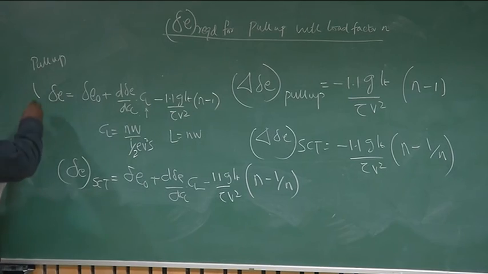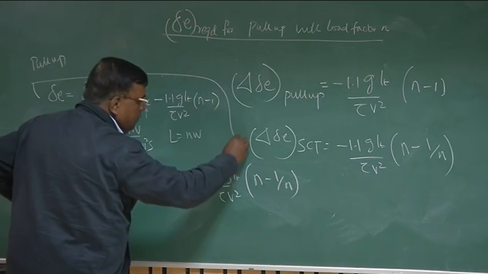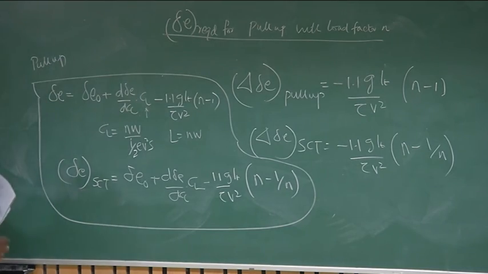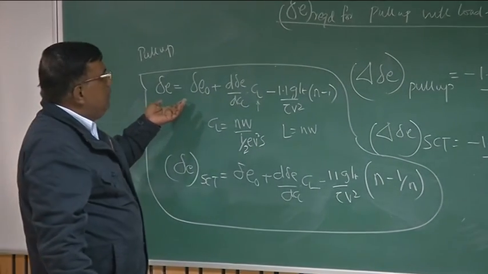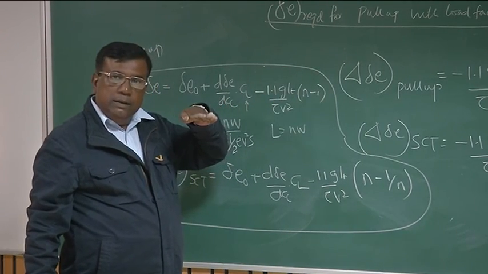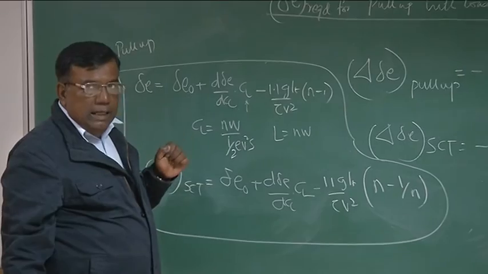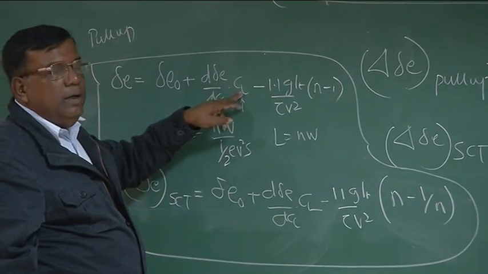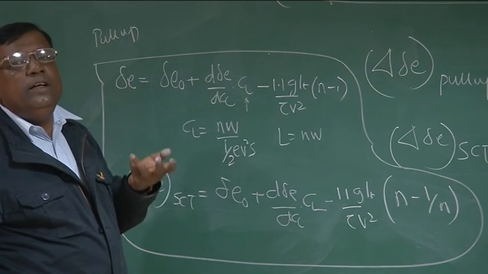So I block it here, focus here. Let us come back here. If n is equal to 1, that is just cruising, lift equal to weight, how much delta E is required? Then the required delta E naught, or d delta E by dCl into Cl trim. Cl trim is nothing but Cl cruise with n equal to 1.